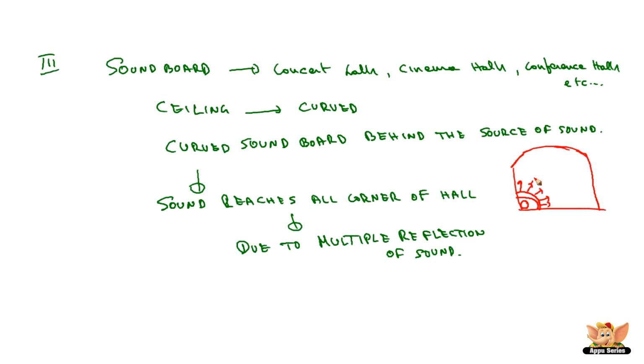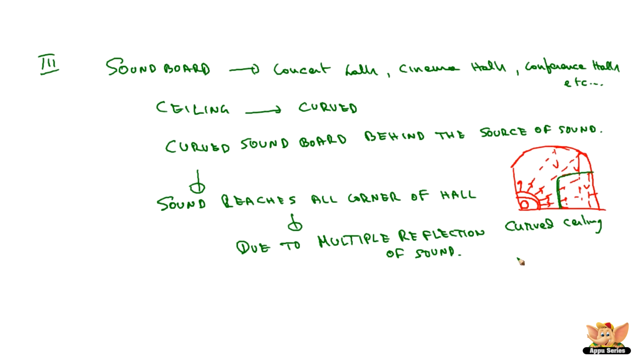The sound hits the walls, and when it hits, it reflects back. It goes in different directions and reaches the audience sitting in this area. So this is the curved ceiling effect.